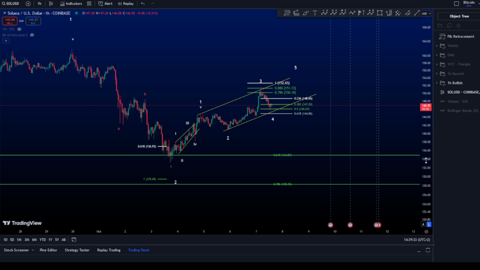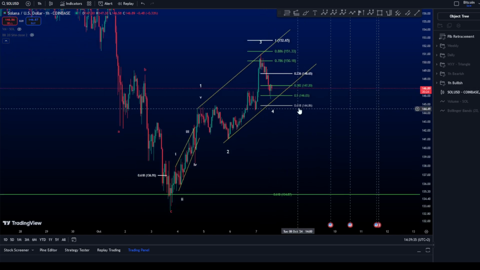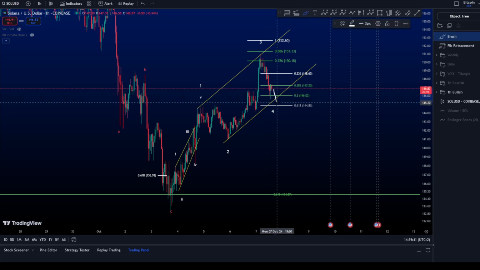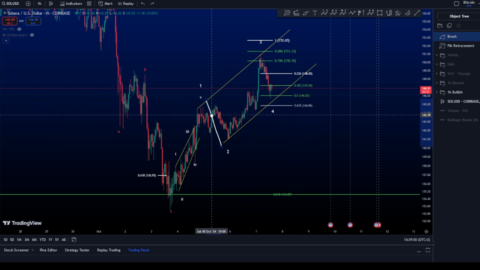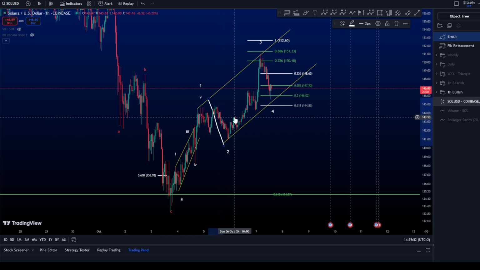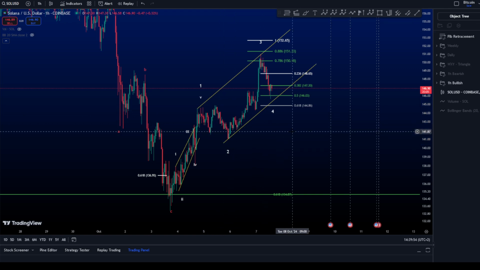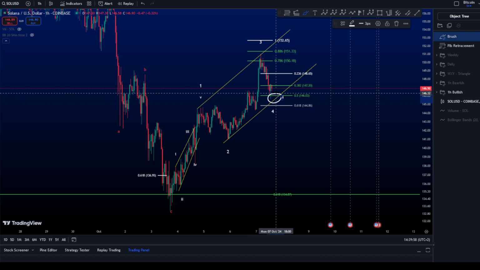You already hit your fib levels for a wave 4. Now, if you reach outside here, this is an uncommon target. However, once you reach outside, that means this wave is bigger than your wave 2. So wave 4 became bigger than your wave 2, which is not allowed in a contracting diagonal. Therefore, it could be your confirmation that we are bearish, right?